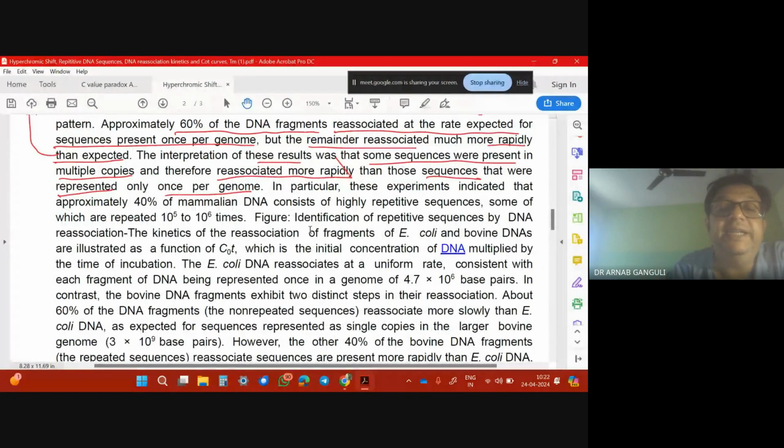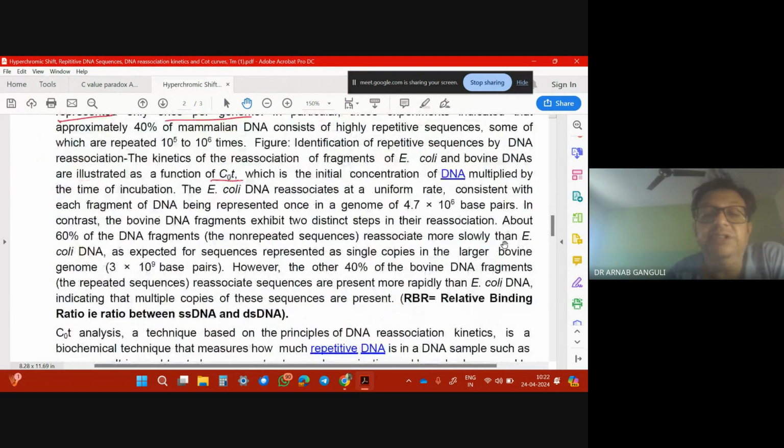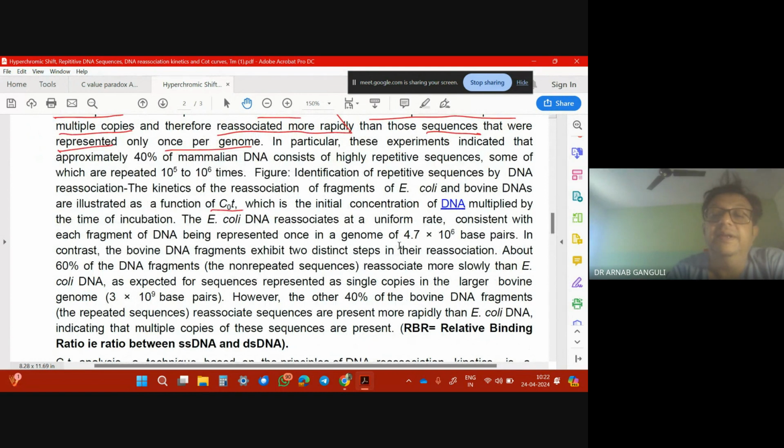So this kinetics COT value. C0 is the initial concentration of DNA, multiplied by the time of incubation. Initial molar concentration multiplied by the time, 10 minutes, that we incubated.